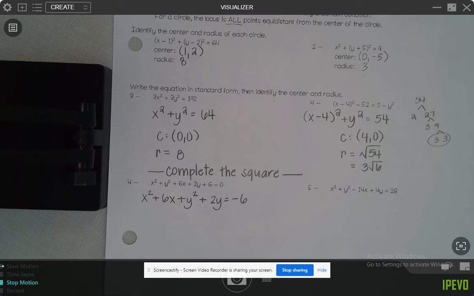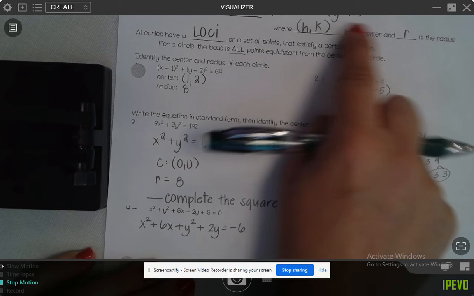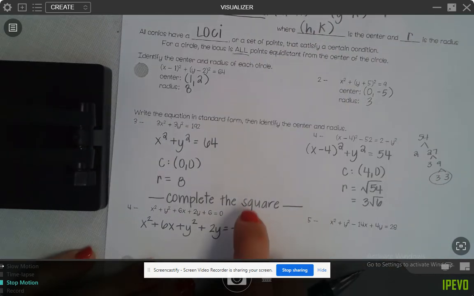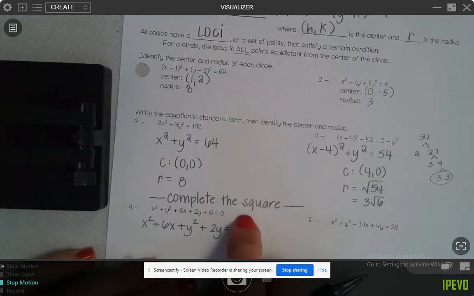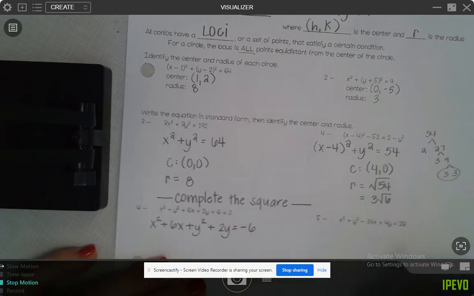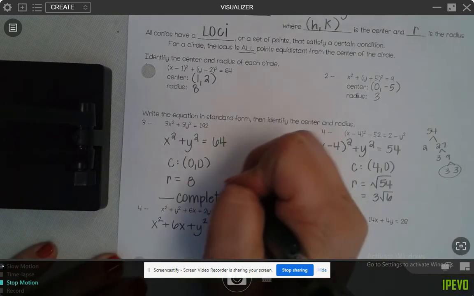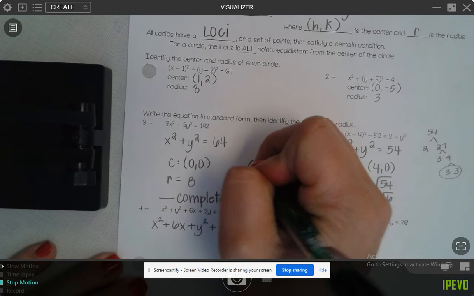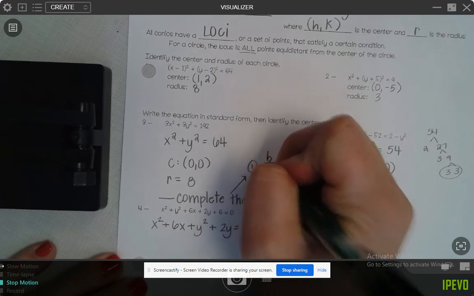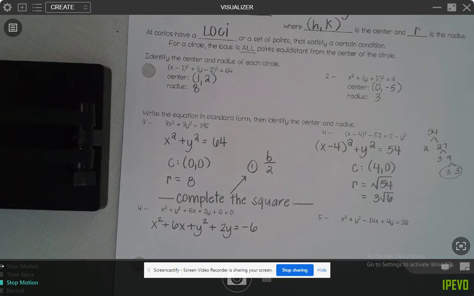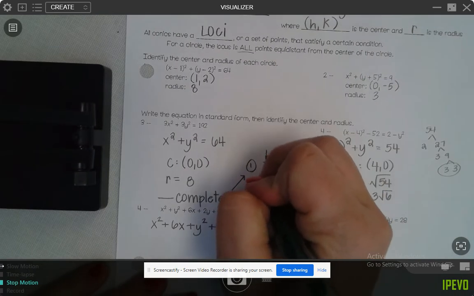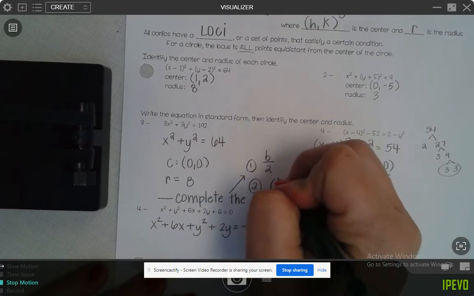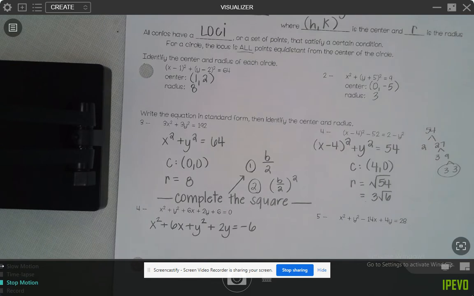When you have multiple things and you don't have it in standard form, completing this square is something you're going to do this entire unit. You're going to have to know how to do it. You have steps to complete this square. You're going to have to take your b term and divide by 2. And then you're going to have to square that.